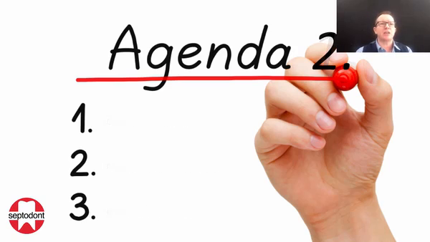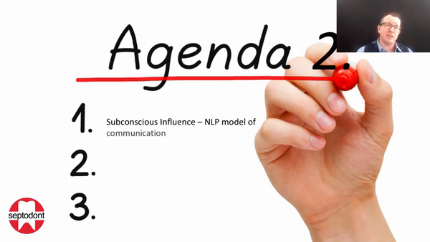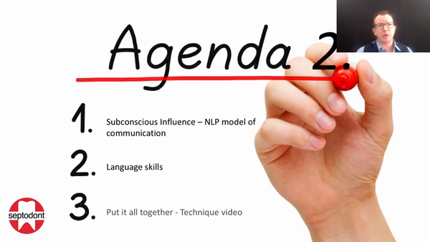The second section, after a brief interlude, we'll talk a little bit about subconscious influence, something I've learned over the last 10 years, and I'll discuss the model of communication based on NLP, neuro-linguistic programming. We'll also do some language skills which you can implement straight away.